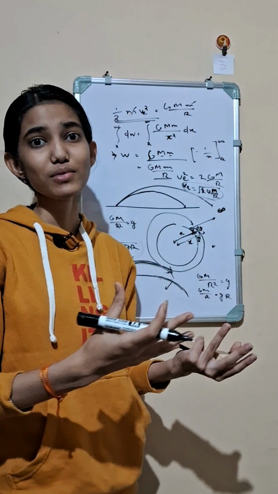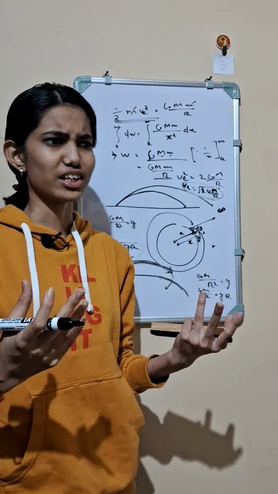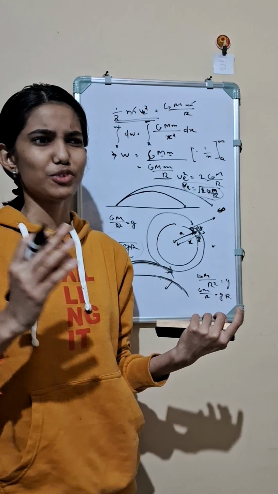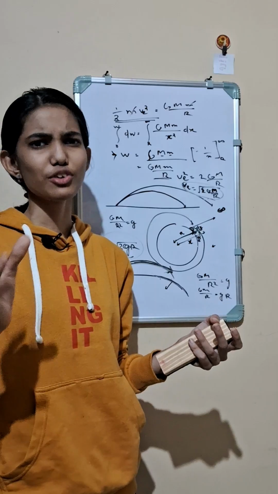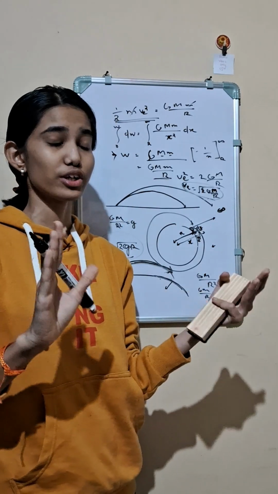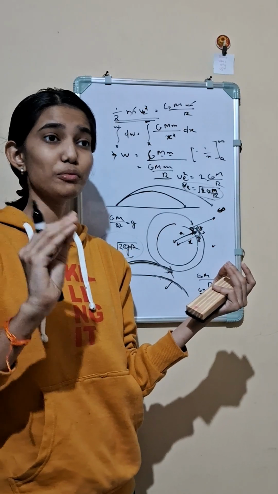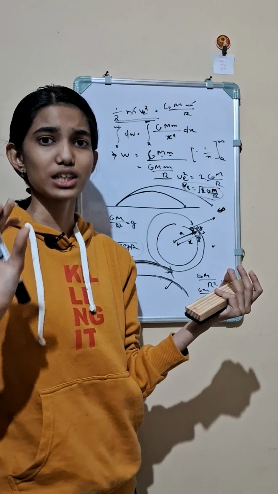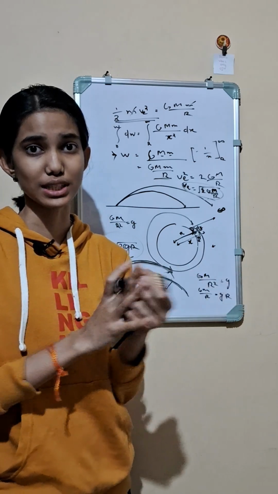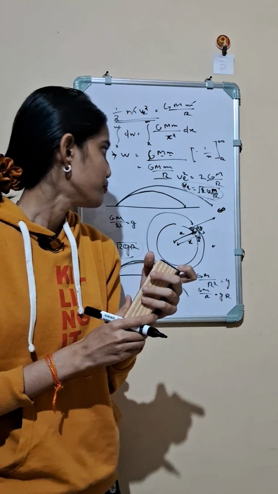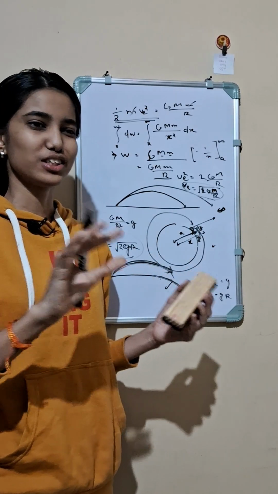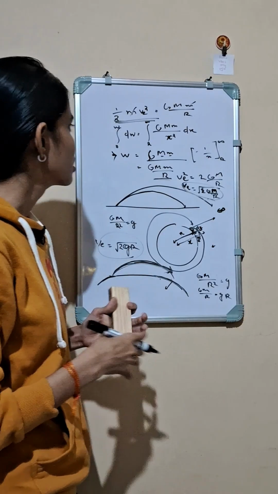I guess the escape velocity of Jupiter is 59 or 60 km per second, and 680 km per second is the escape velocity of the Sun. You can check it out, or I will drop this information in the description box.